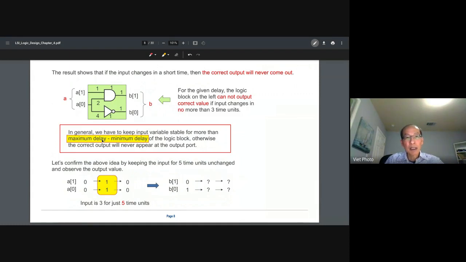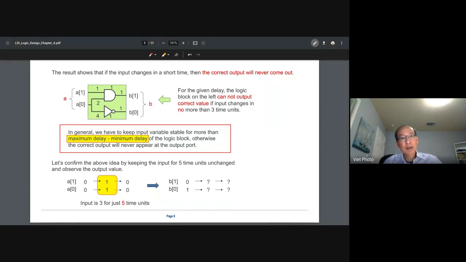With that, we need to have a certain rule, the maximum delay minus the minimum delay. That means the input needs to be stable for at least that. 6 is the maximum, the minimum is 3. So the input needs to be stable for more than 3, which is 4, so that the input can be conveyed to the output.